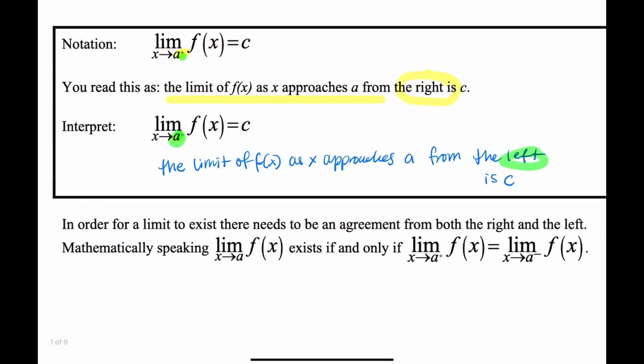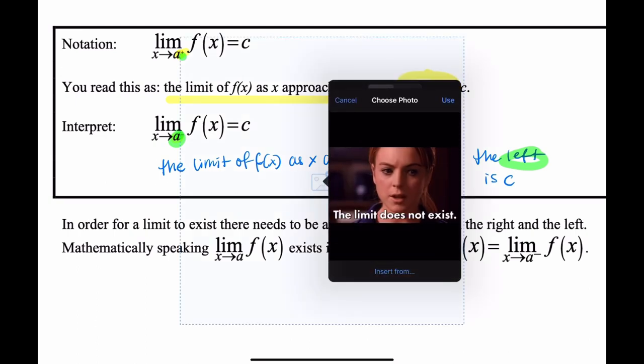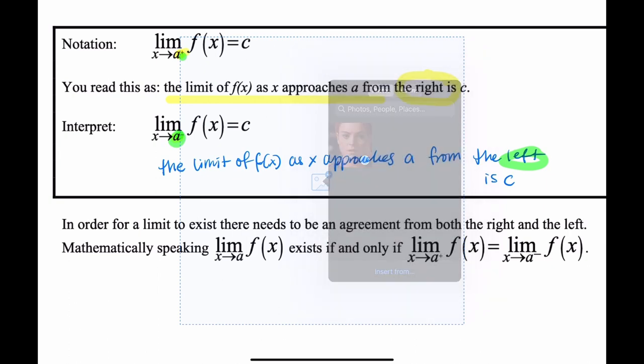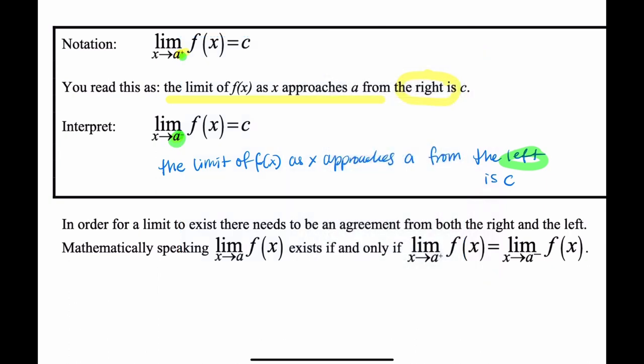There's a part where she's doing a math problem for calculus, and she says the limit does not exist. Well, yeah, that's because limits can not exist and they can exist. In order for a limit to exist, there needs to be an agreement from both the right and the left side.